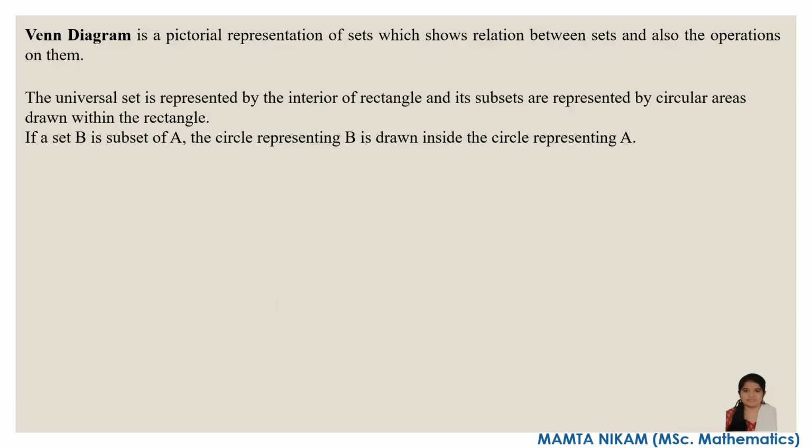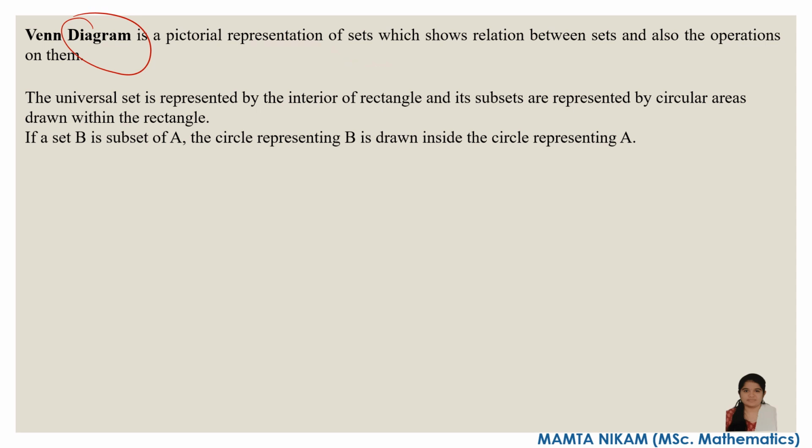So what is a Venn diagram? Basically, it's a pictorial representation of sets which shows relations between sets and also the operations on them. The name itself says it is a pictorial representation. The word diagram tells us that it is a picture. A representation of what? Of sets. What does it define?